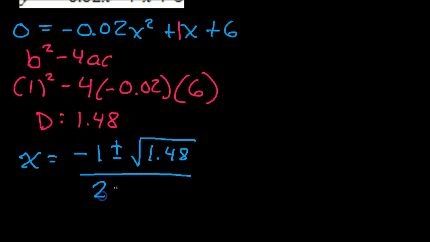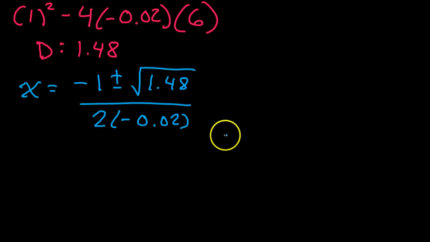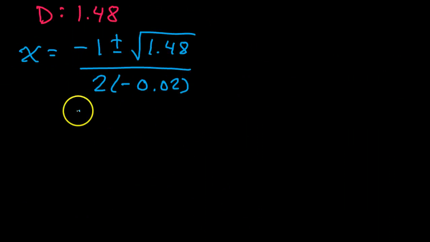So that's 2 times negative 0.02. We're going to put this in our calculator once with a plus and once with a minus and see what we get.